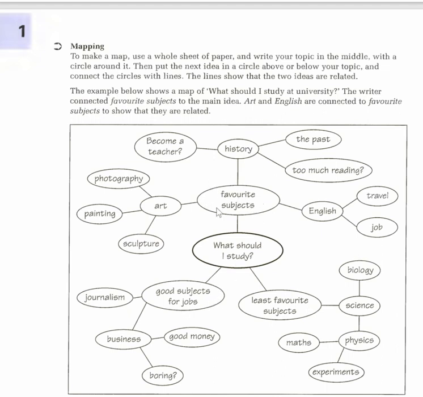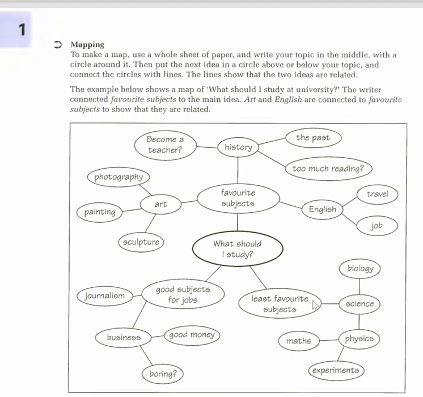For each one, you get many ideas. Favorite subject, for example, history, English, become a teacher, photography, too much reading, arts, travel, painting. Good subjects for job: journalism, business, good money, boring. Least favorite, for example, biology, science, physics, math, experiments.